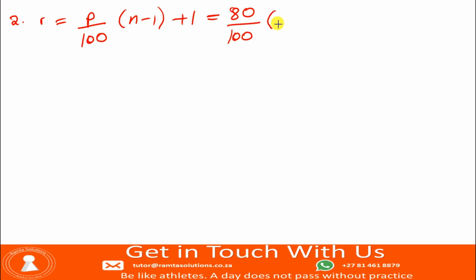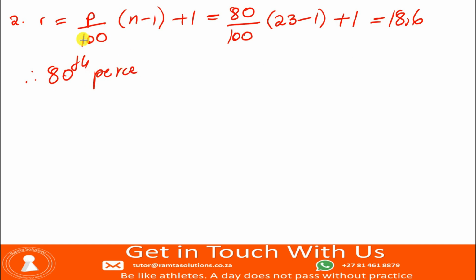We have 23 terms, so it will be 23 minus 1 plus 1. What is our answer? 0.8 of 22 plus 1. Let's see. It is 18.6. Remember, this is the location.